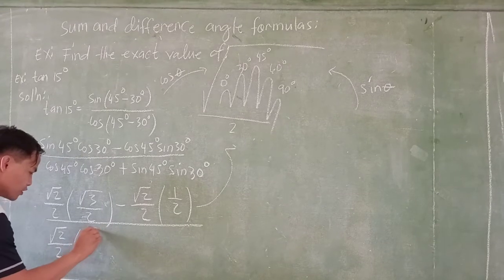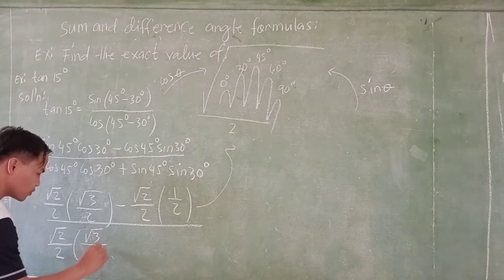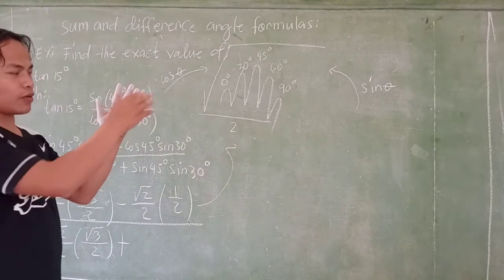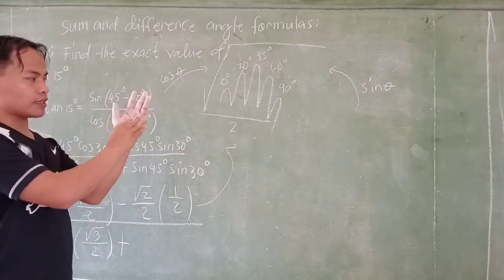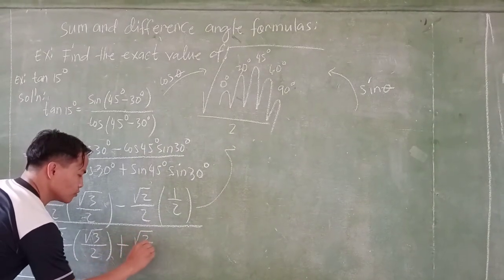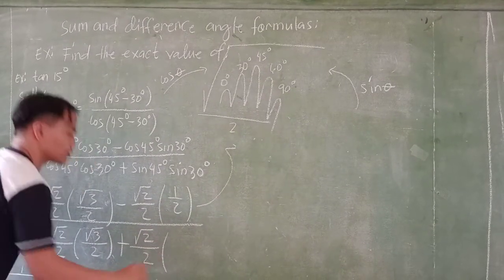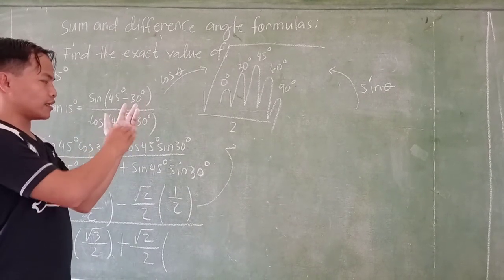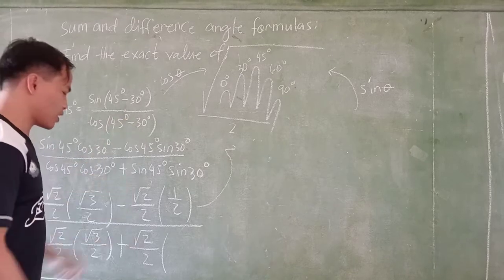Plus sine of 45, 90, 60, 45, then we have square root of 2 over 2 times sine of 30, 90, 60, 45, 30. So we have 1 over 2.